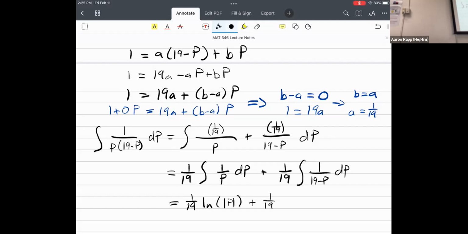That second one, I have to be a little bit more careful. What's missing to make it a nice little, oh, it's the natural log of 19 minus p.